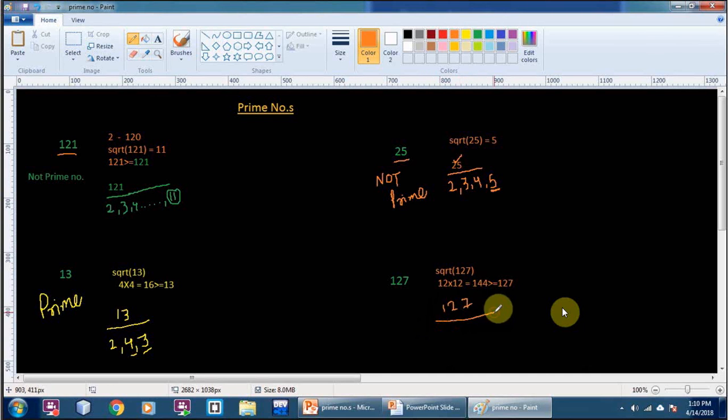I will divide 127 with 2. It is not divisible. With 3, again it is not divisible. 4, same as up to 12. It is not divisible by any number from 2 to 12. So 127 is a prime number.